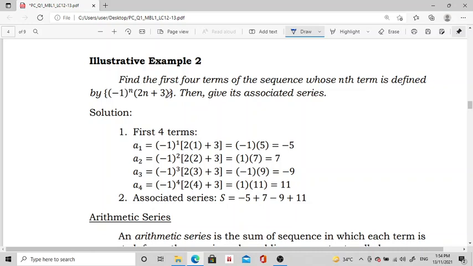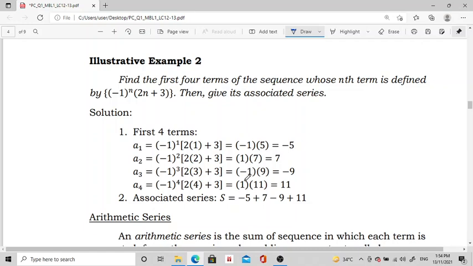So here, as we evaluate the expression at 1, 2, 3, 4, mayroong effect itong factor na ito. It will actually create alternating signs because its sign alternates.